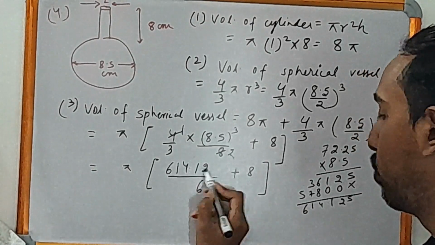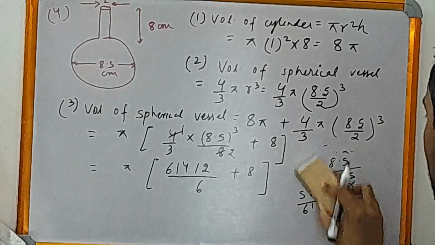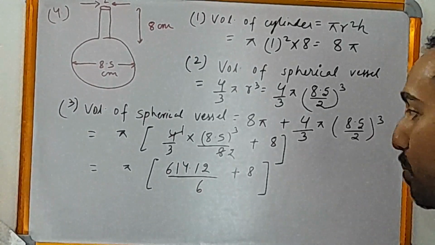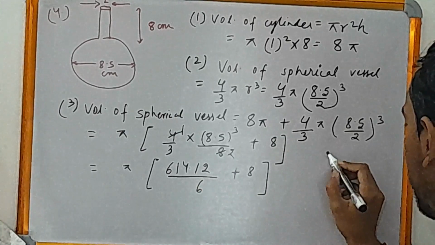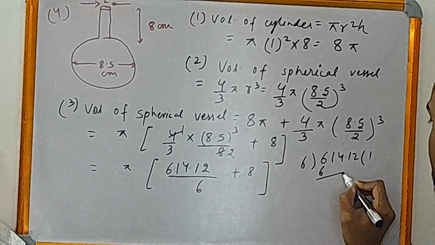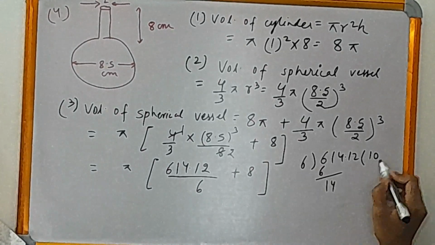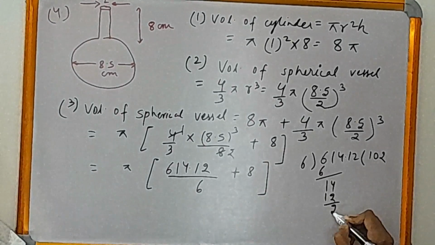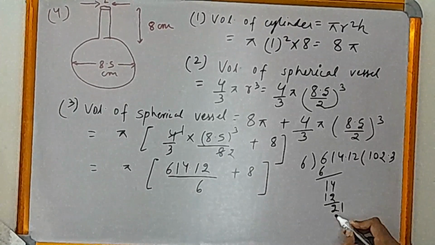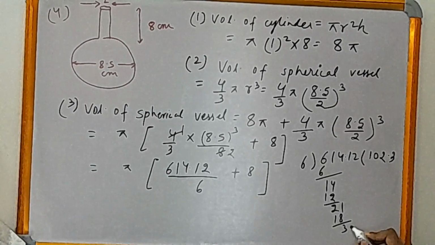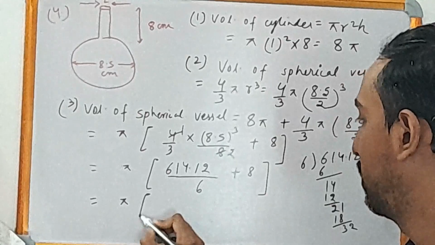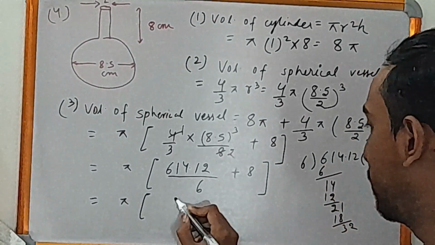Let's take up to 2 decimal places only. Now let's divide 614.12 by 6. So here you see that the answer comes out to be 102.35.